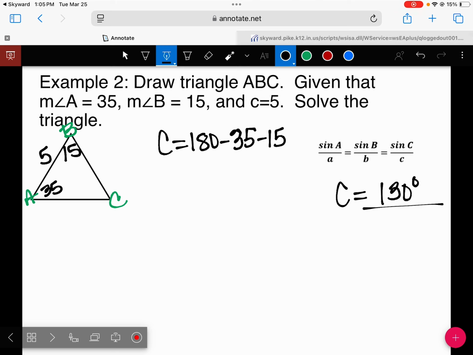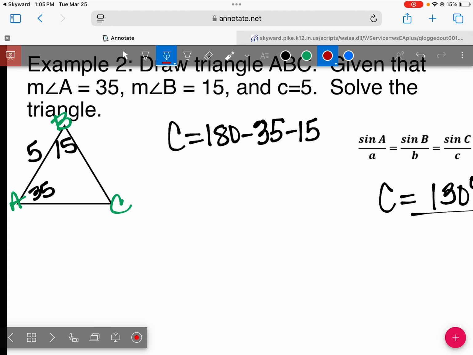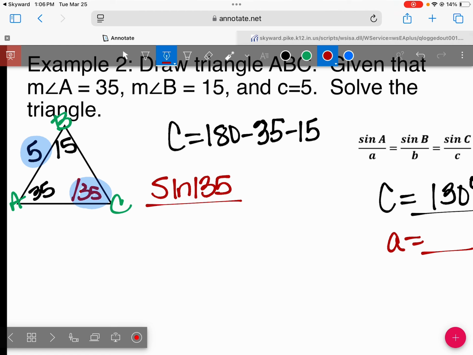Who got 130? So now that I know that, I have an angle and a side, so I can use these two for the law of sines. Let's start by finding little a. I always go alphabetical order; you don't have to. To find little a, I'm going to take the sine of big C. Oh, I put 135.